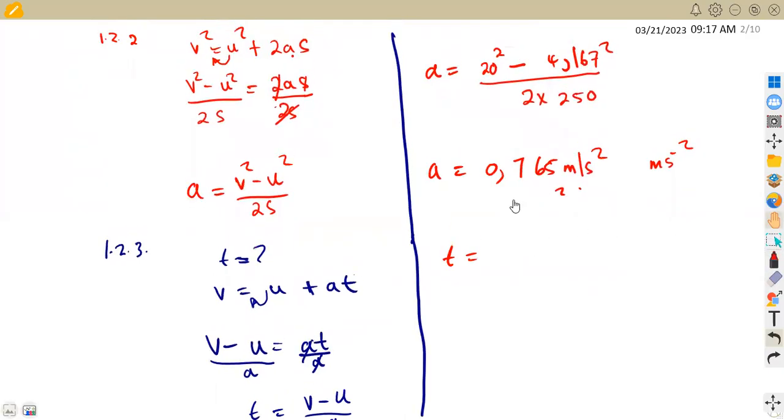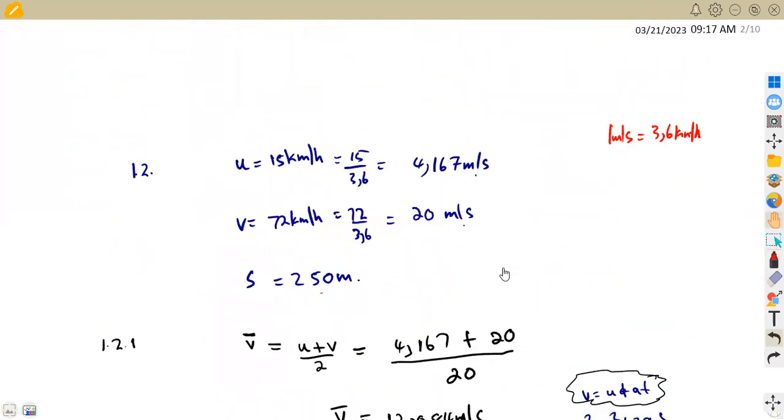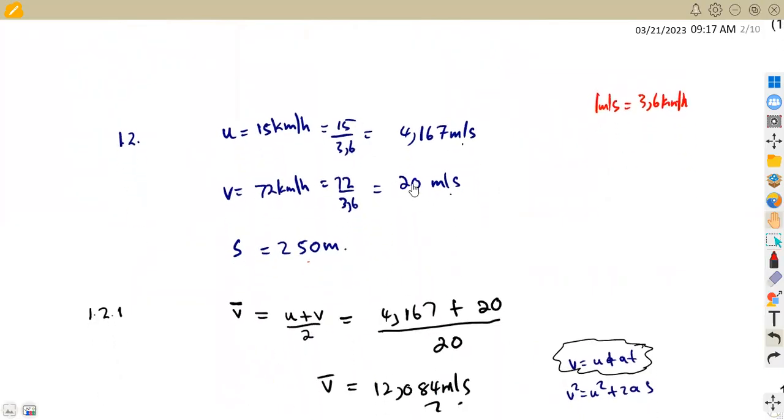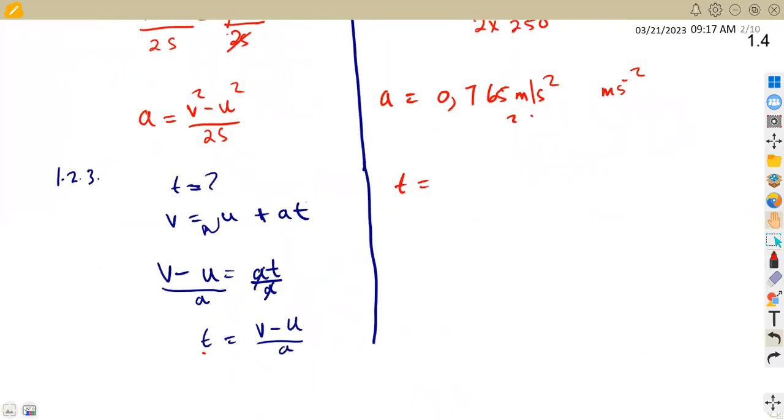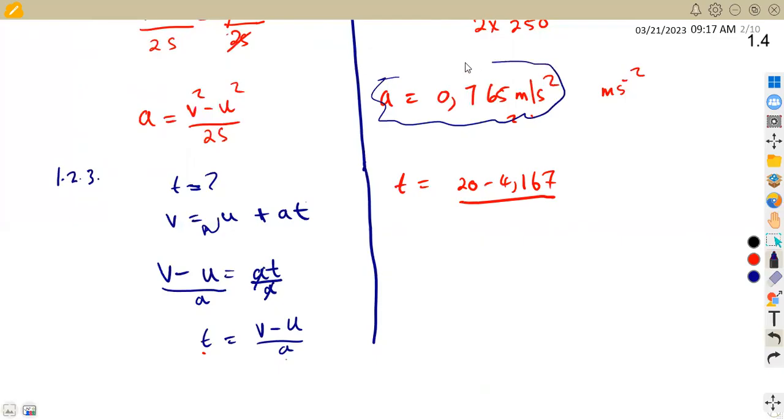So from this formula, T is equivalent to V minus U over A. Remember that our V was 20 meters per second here. That's our V. Then our U, 4,167. So we've got 20 minus 4,167, everything over A, which is the acceleration that we got here. Remember, we obtained our acceleration, which is 0.765. So that means we can have our time in seconds.